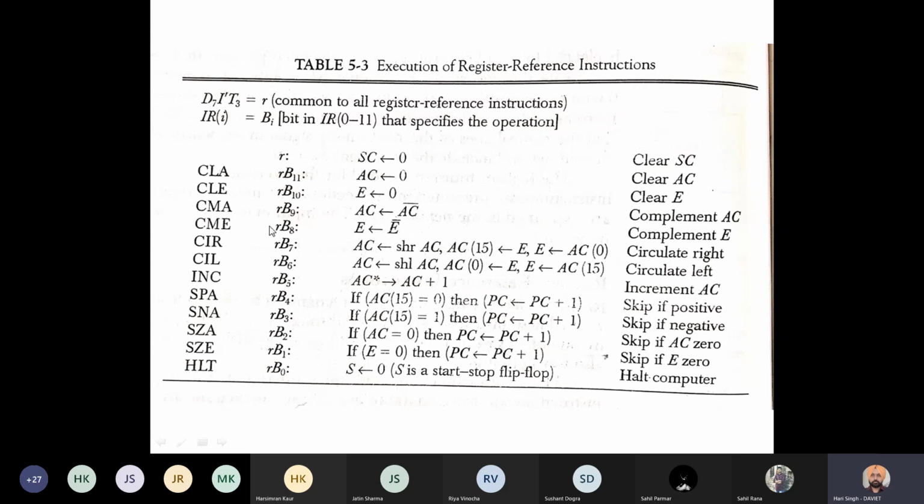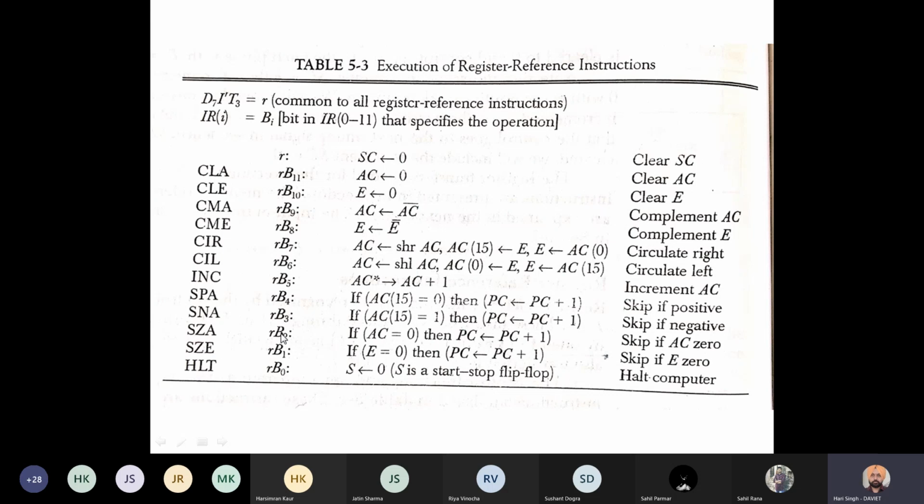And then depending on the status of bits B0, B1, B2, B3 up to B11, one bit will be activated at a time. If B0 is 1, then the HLT instruction is executed. If B1 is 1, then the skip instruction is executed.